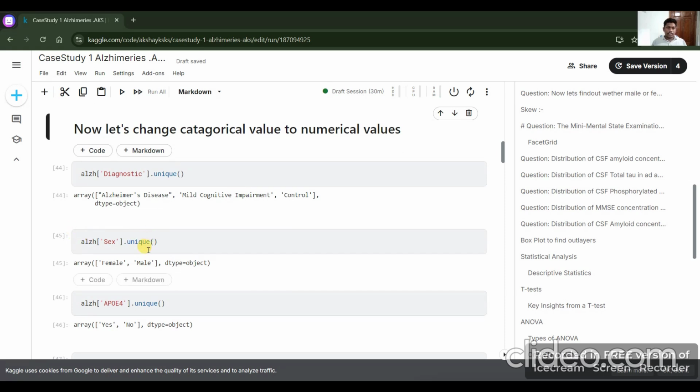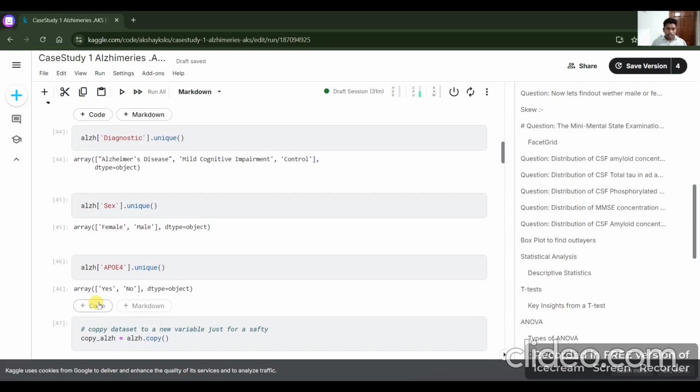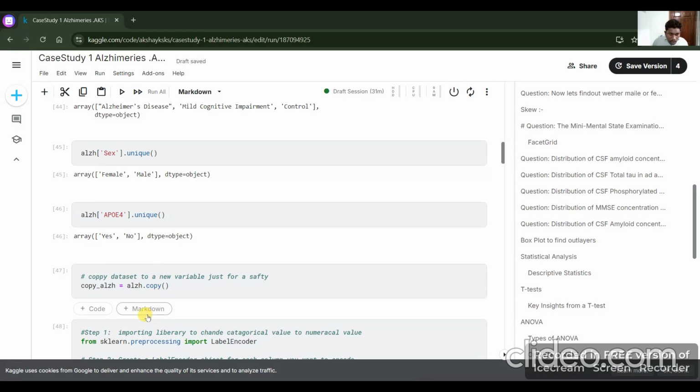Then sex unique is female, male, data type object, and APOE4 is yes, no. Copy the dataset to a new variable just for safety.